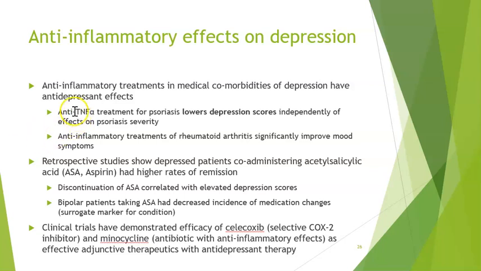So before we talked about how we could administer TNF-alpha in healthy patients to kind of cause depression. Well, now we can actually give them an anti-TNF-alpha treatment that's used in psoriasis, and it lowers a depression score independent of its effects on psoriasis severity.